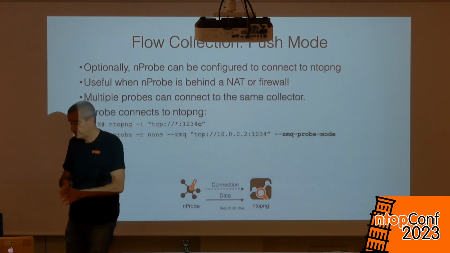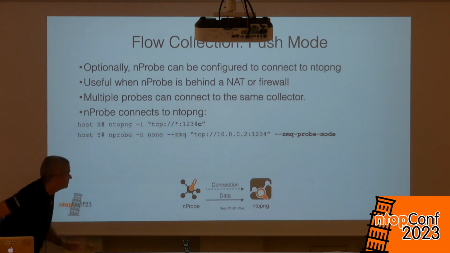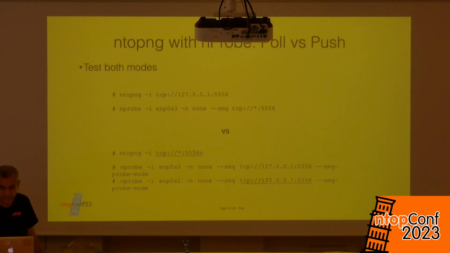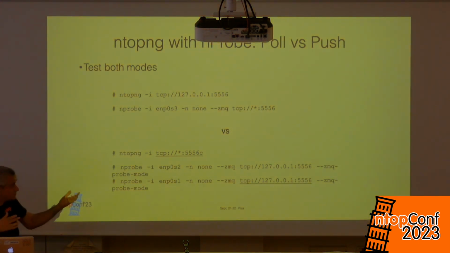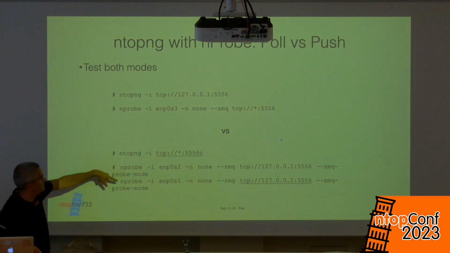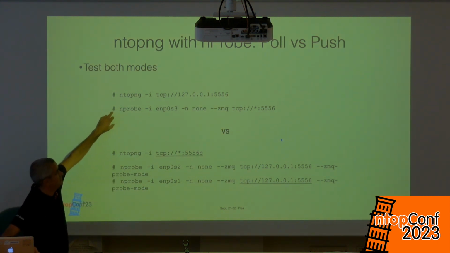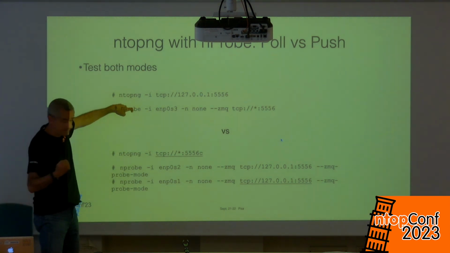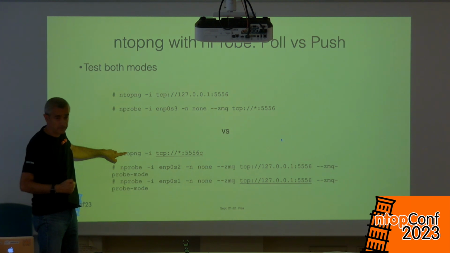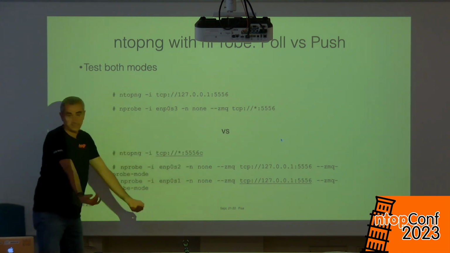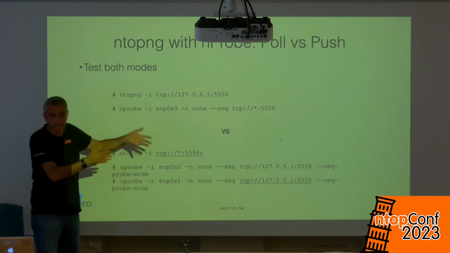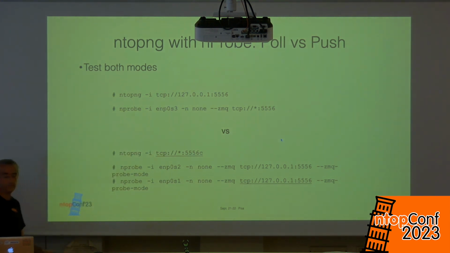Whatever architecture you have, you probably have the solution for you. If you are behind a NAT, whatever, there are flexible ways of doing that. So I don't want to make you do this exercise, but in essence, it's possible to have a probe mode or no probe mode. In this case, ntopng connects to a probe to fetch data. In the other case, ntopng does not connect, it's a collector, and receives data sent by nprobe. So according to your NAT rules, whatever, you decide which one you like.